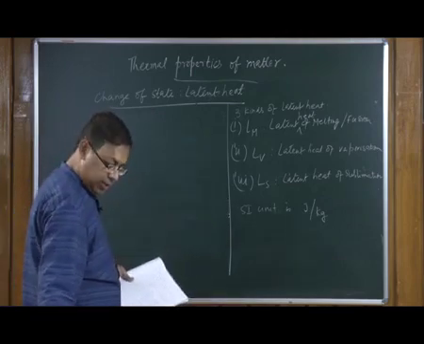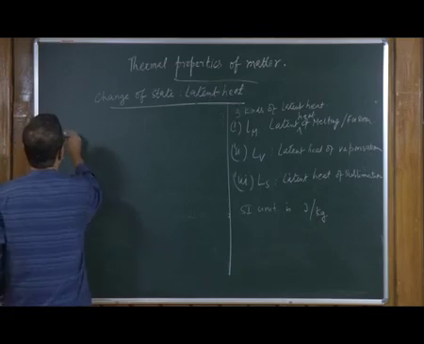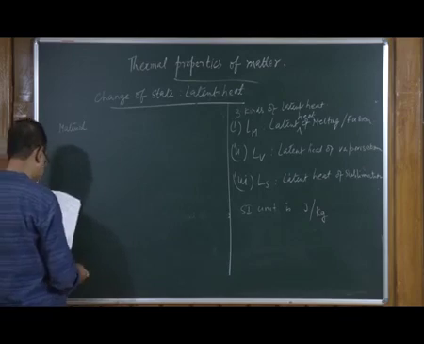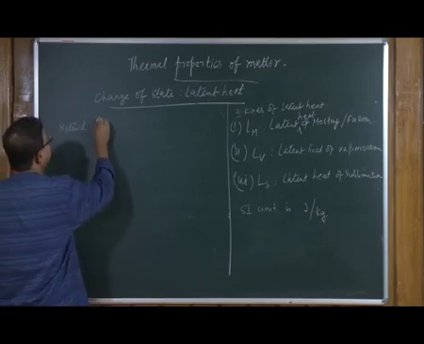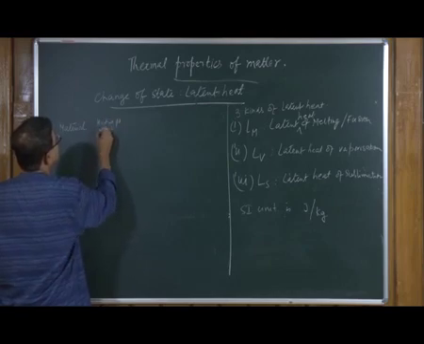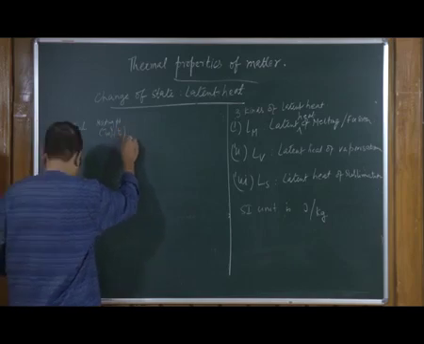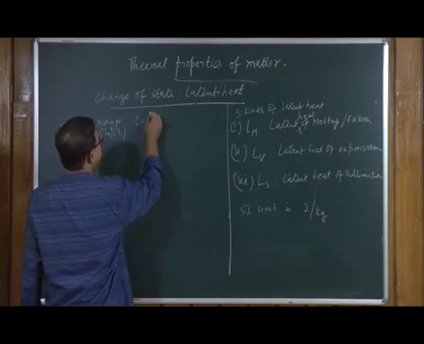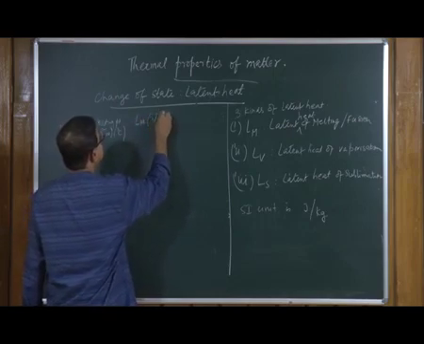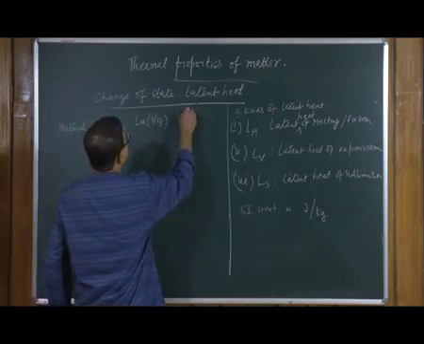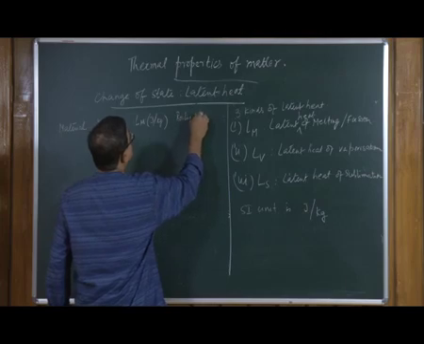So, we have material, and let us call the melting point Tm, expressed in say degree centigrade. Now, it is Lm, which is latent heat of melting in joule per kg, and let us also record the boiling point.